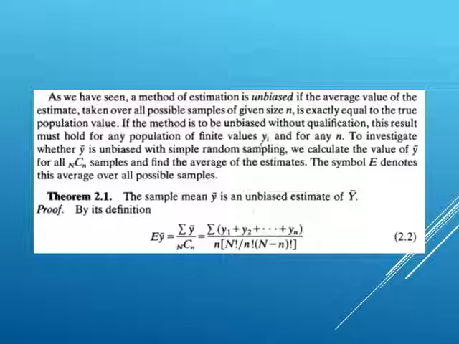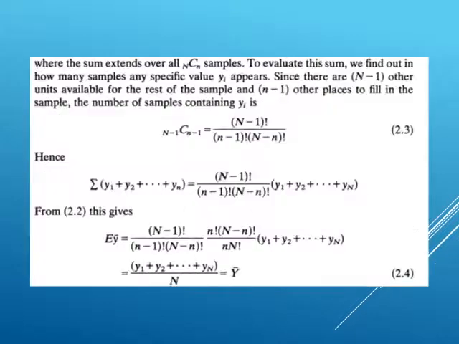Now we will take Theorem 2.1, which states that the sample mean y bar is an unbiased estimate of the population mean Y bar. Prove this by definition. The expected value of y bar equals the summation of y bar over N combination n, which equals the summation of y1 plus y2 plus y3 up to yn over n, divided by N combination n, equal to 1 over n times factorial capital N over factorial small n times factorial N minus n, where the sum extends over all N combination n samples.